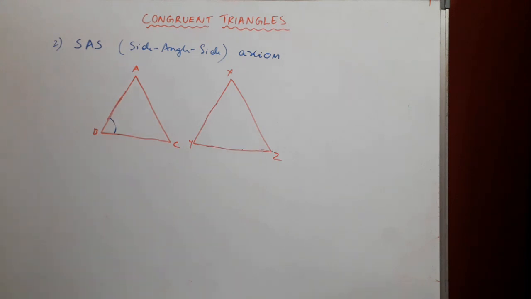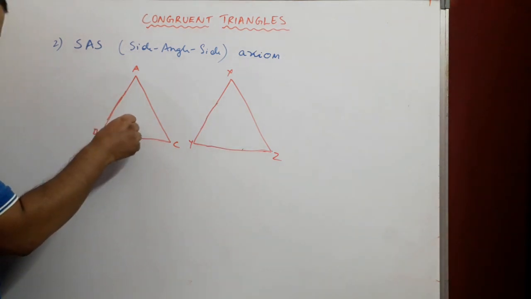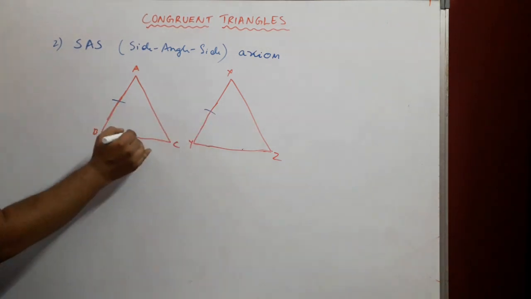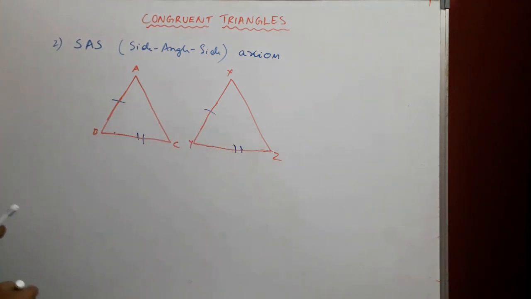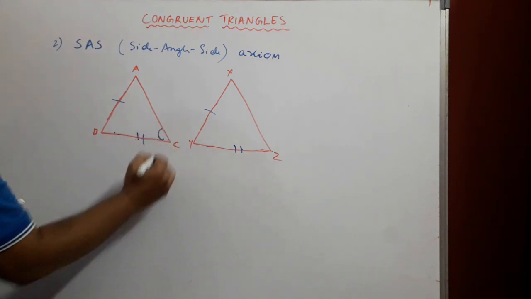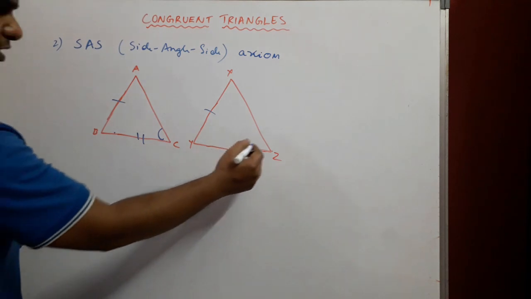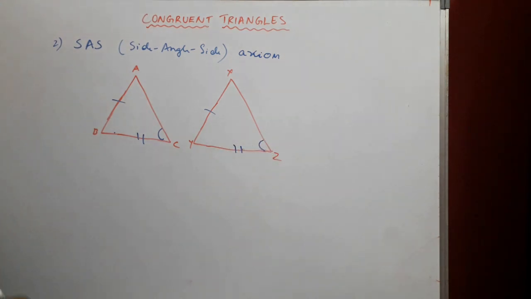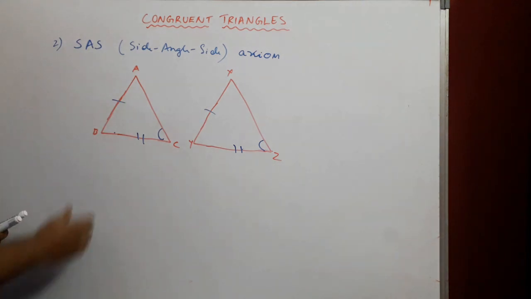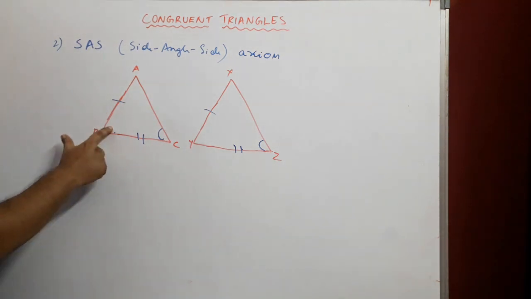What if we have these two sides equal and these two sides equal, but angle C is equal to angle Z? Can we use the SAS axiom? No, we cannot use it, because as per the SAS axiom, it has to be side, angle, side.